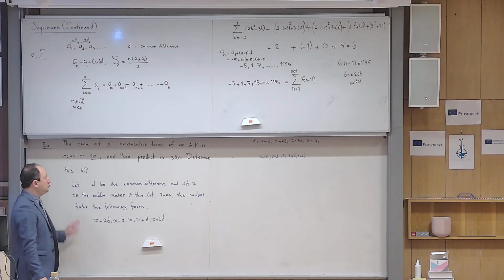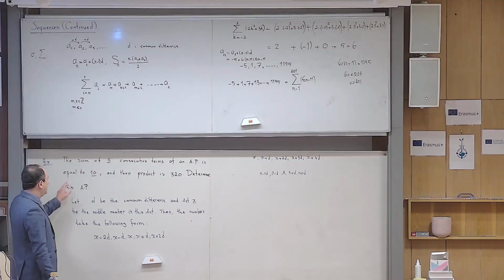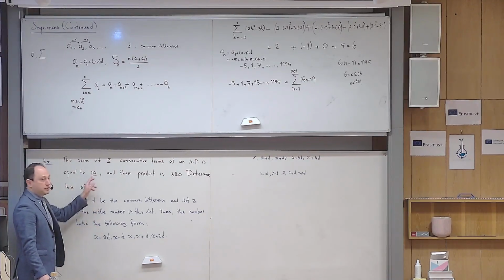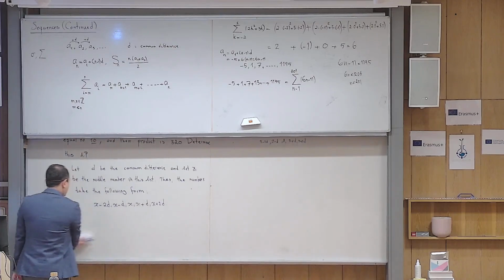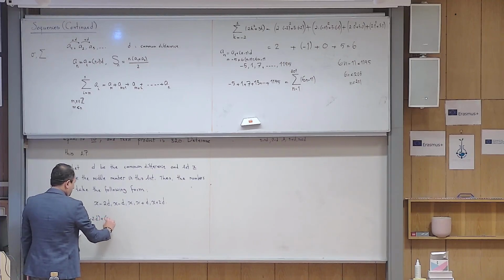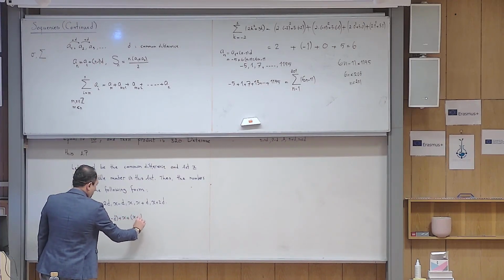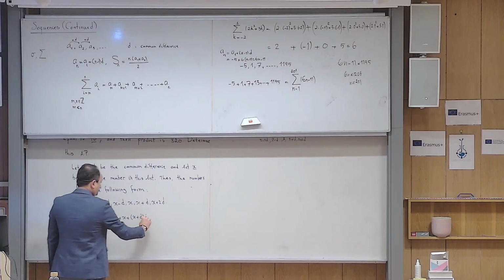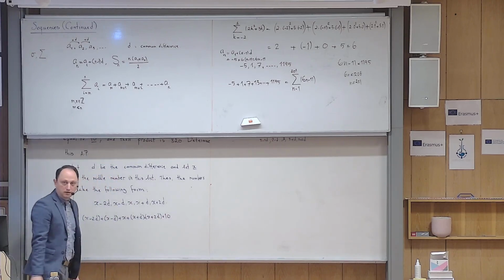Okay, now I use the other pieces of information given in the problem. I know that the sum of these 5 numbers is supposed to be 10. So if you add these numbers, the answer is 10.